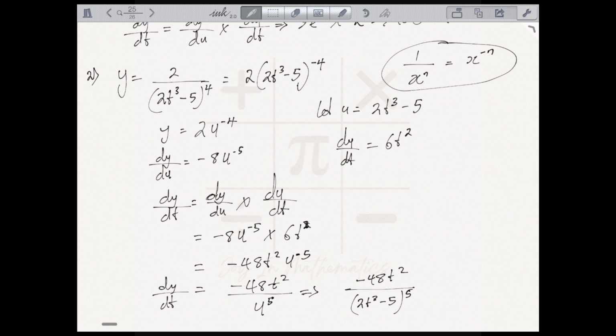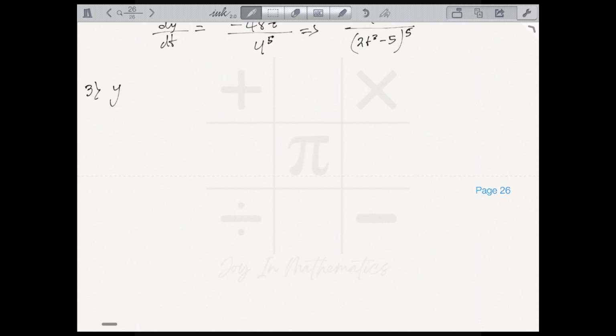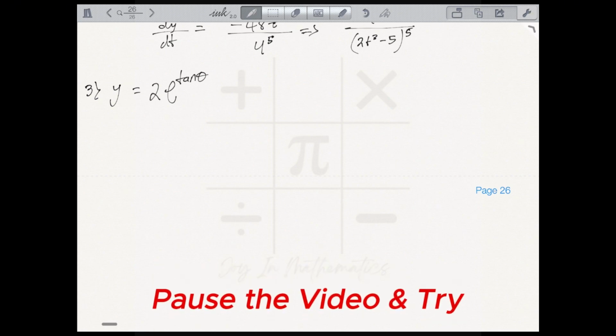Let's take 2 more examples. Now, function of a function can become a little bit complex when we have questions like this. y is equal to 2e^(tan theta).